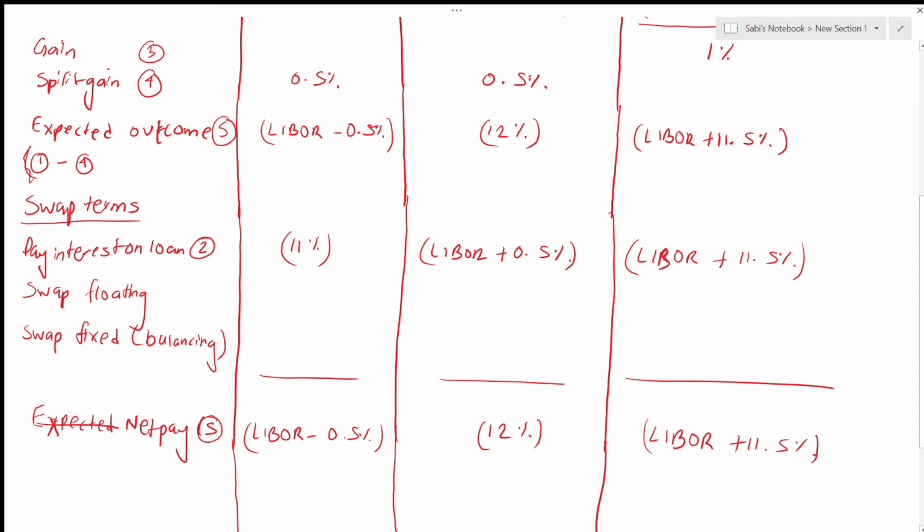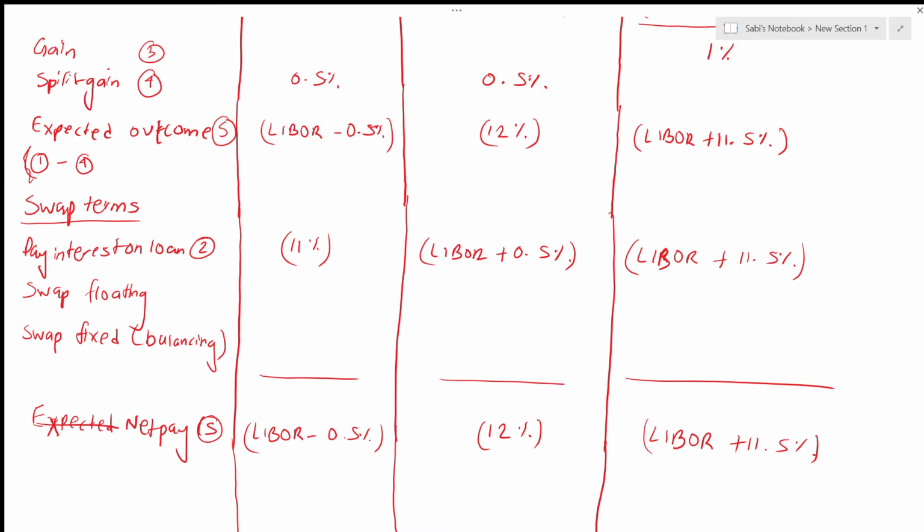So now, when you have to swap floating, you know it's LIBOR only. But which company has to pay, which company has to receive? This question comes to your mind. So check your net pay or your expected outcome, both are the same. Check in your net pay which company has LIBOR as a payment in the answer. Is it the good credit or the second tier?